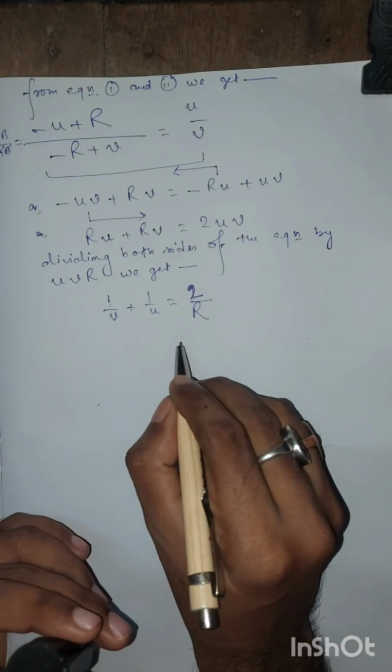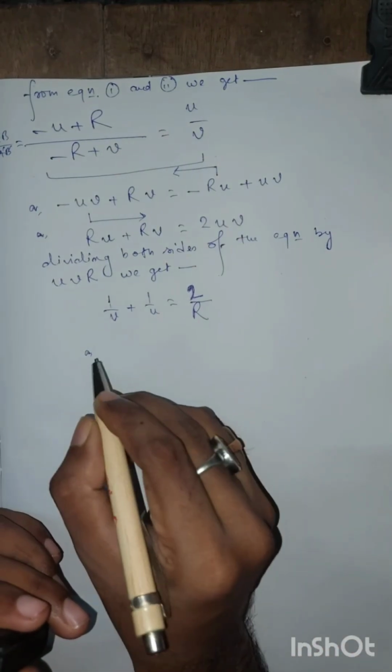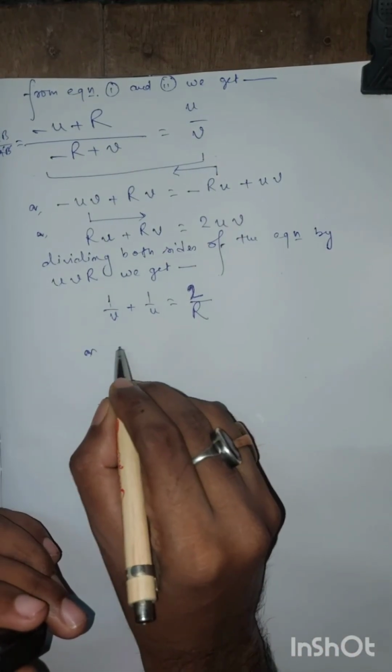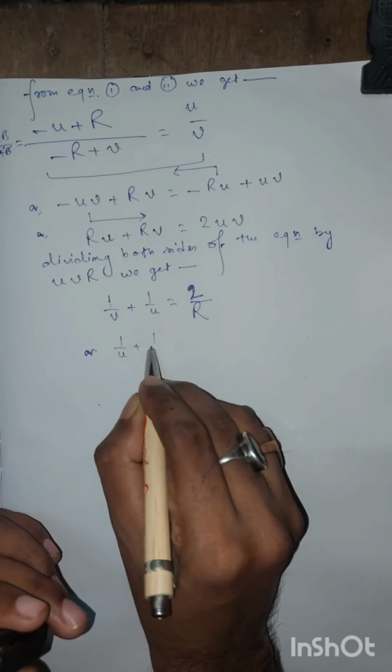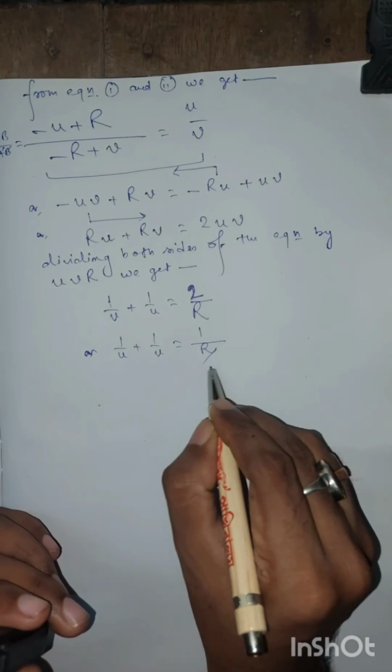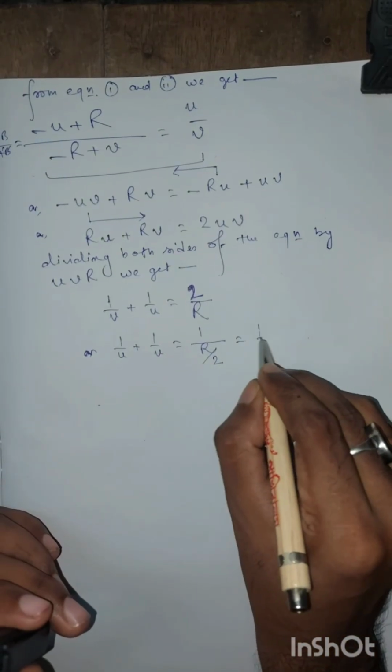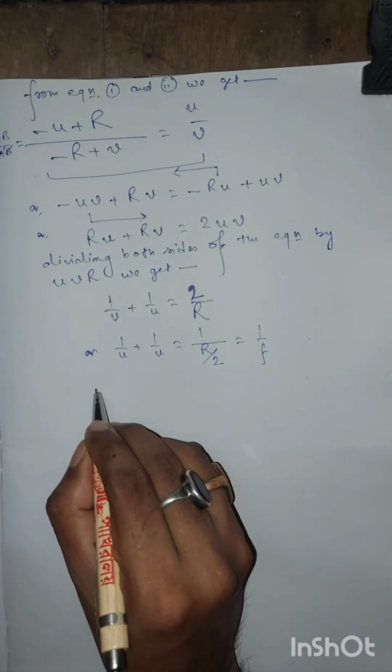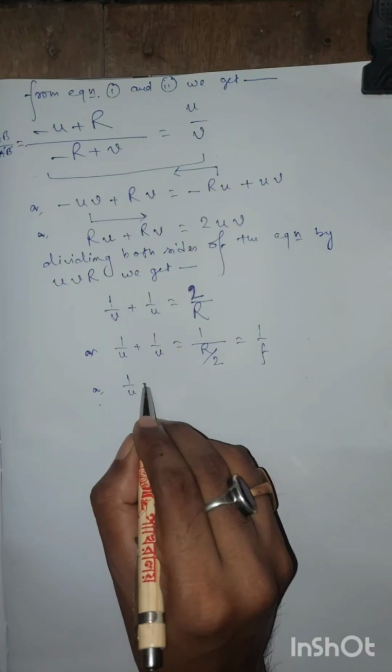Okay, so we can write this as 1 by R by 2, which is equal to 1 by f.